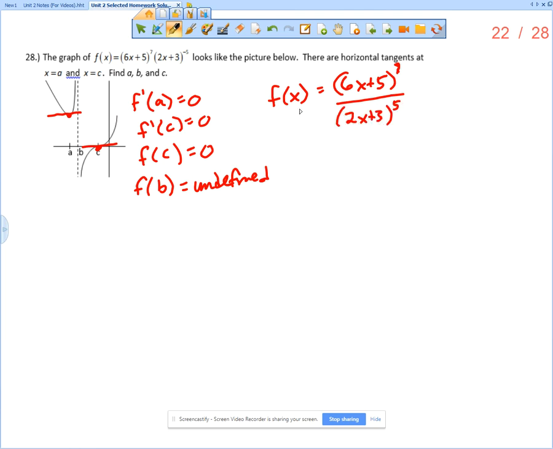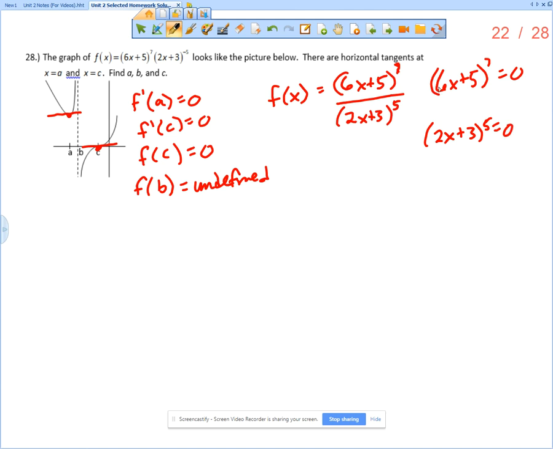All right, so think about this. f of c is 0. So what does that mean? Well, if this function equals 0, that means the numerator, (6x + 5)^7, must equal 0. Okay? But f of b is undefined. Well, what does that mean? That means that the denominator must be 0. So (2x + 3)^5 equals 0.